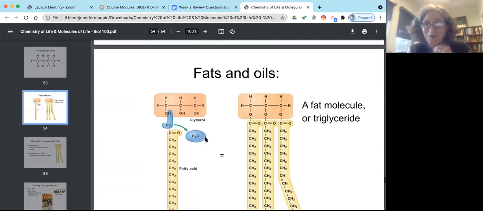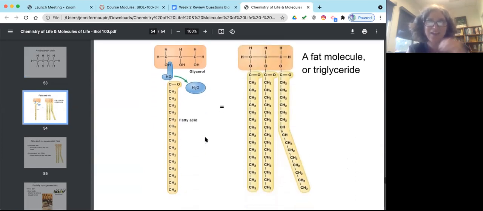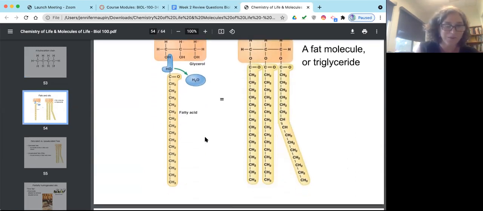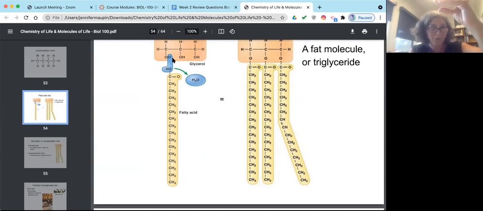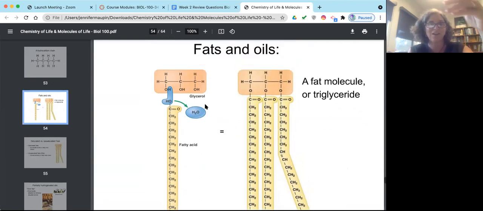Now, sometimes there are polar ends, and we're going to talk a lot about phospholipids in this class. A phospholipid is a molecule that has a little part that's polar at the top, and most of it's non-polar, these long chains. And you'll see that a lot. Even when you look at these fats, like a triglyceride, there's a little bit of polarity up here.